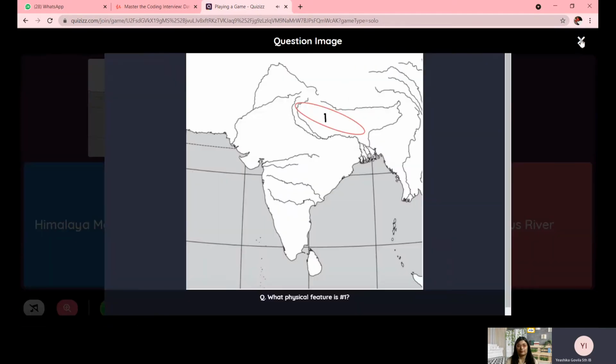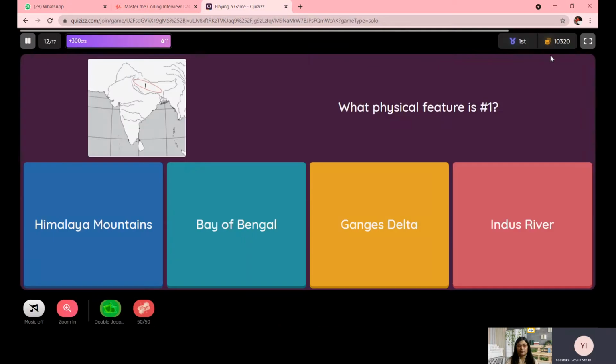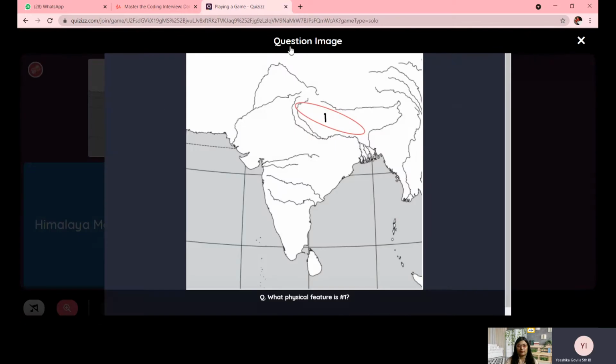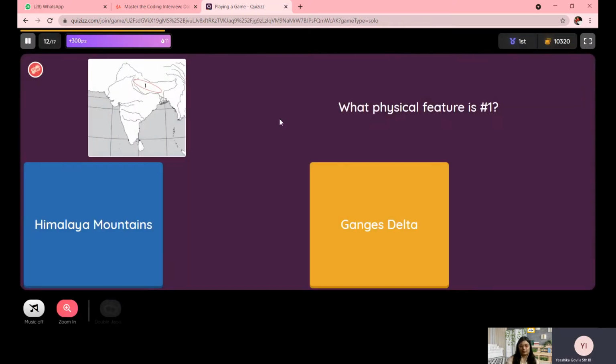What physical feature is one? One is Himalaya Mountains. Is that Himalaya Mountains or Ganges Delta? Ganges Delta is a place where the river Ganges, Yamuna, and all of it is there, which forms a very fertile region in Uttar Pradesh, Bihar.